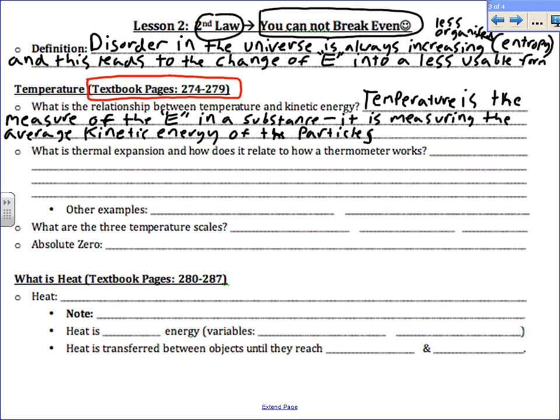So what is thermal expansion and how does it relate to how a thermometer works? Okay? So thermal expansion is the increase in volume of a substance as temperature increases.